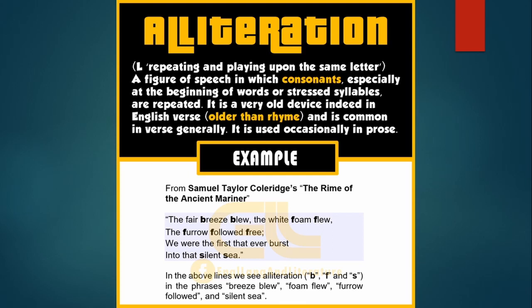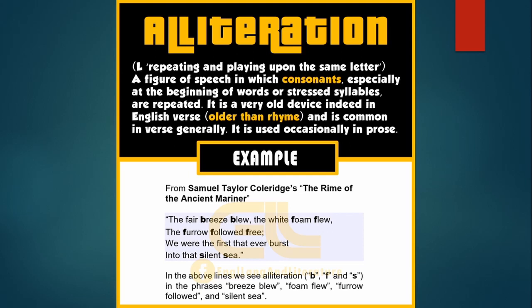So, the fair breeze blew. Again, we have the F consonant sound at the beginning of foam and flew. The white foam flew. The furrow followed free. And in the last line, you can see that silent sea. Into that silent sea.